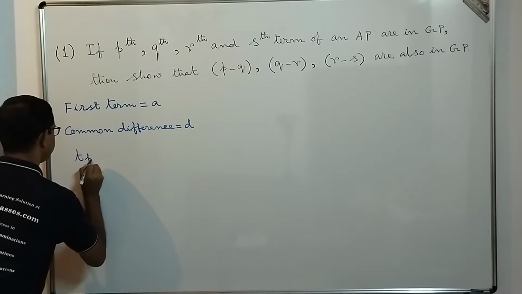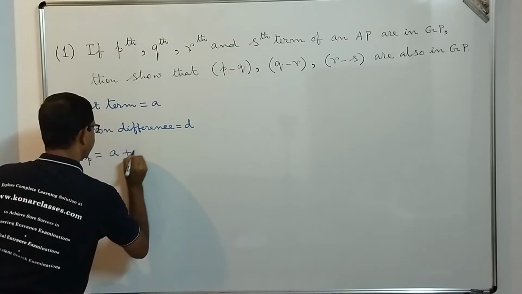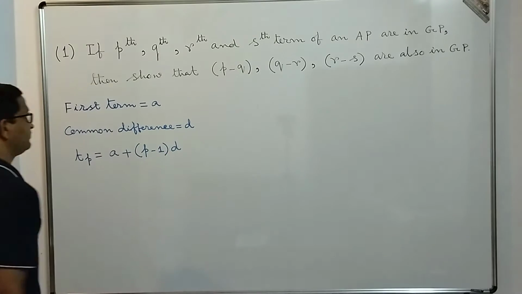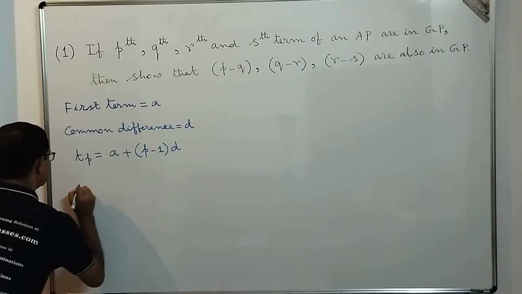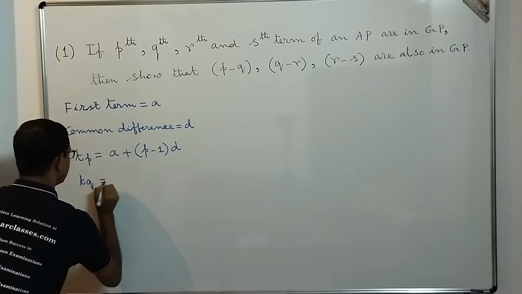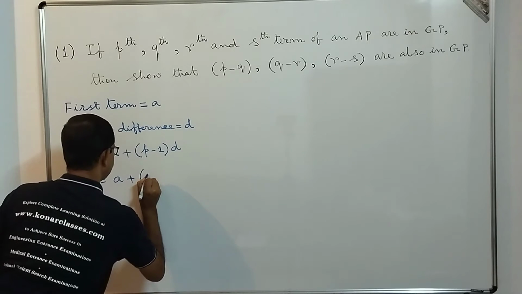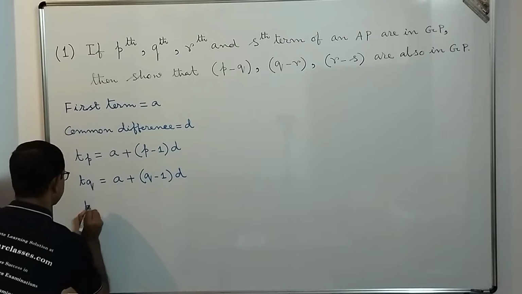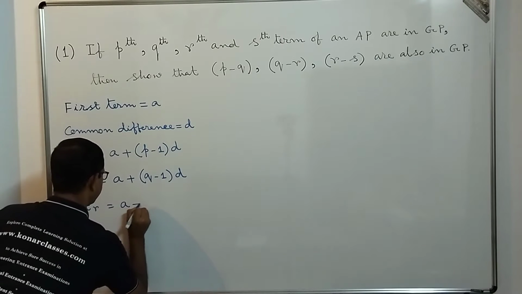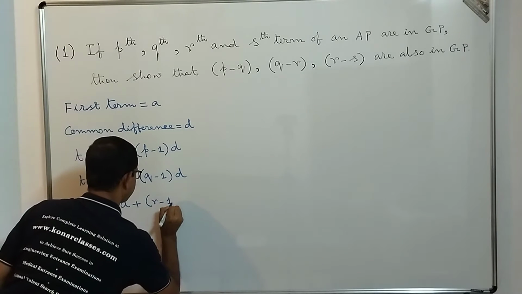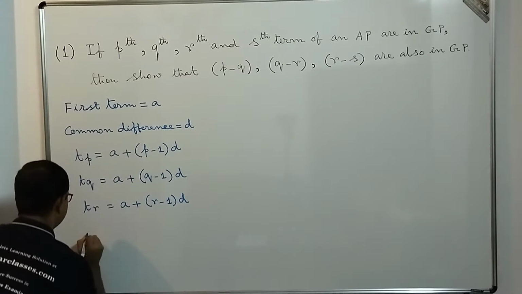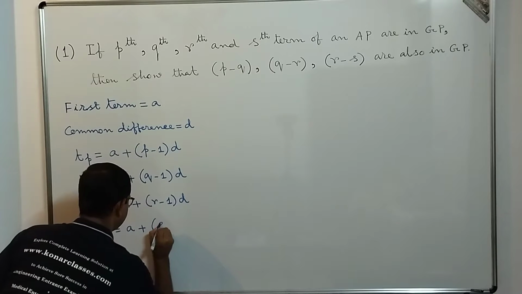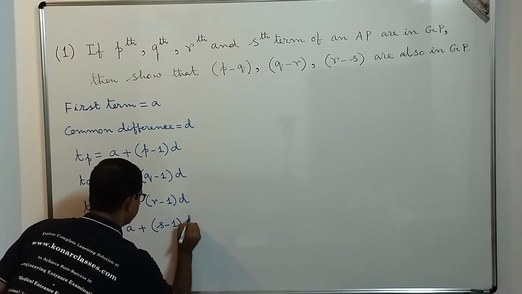The pth term is denoted by TP, that is equal to A plus P minus 1 into D. What is the qth term? TQ is equal to A plus Q minus 1 into D. Similarly, TR is equal to A plus R minus 1 into D, and TS, the sth term, is equal to A plus S minus 1 into D.